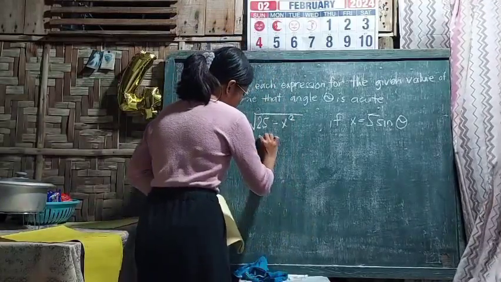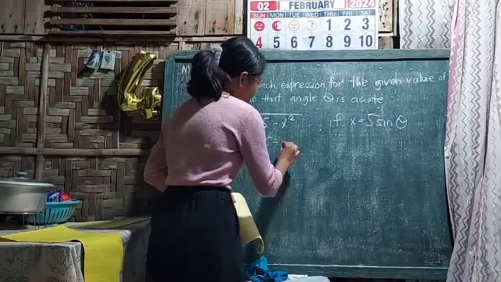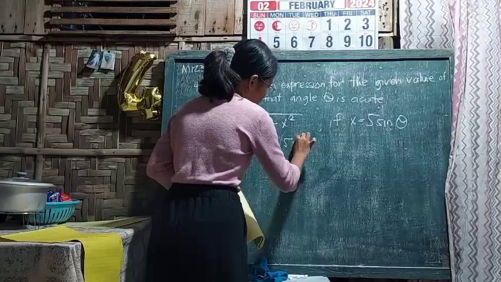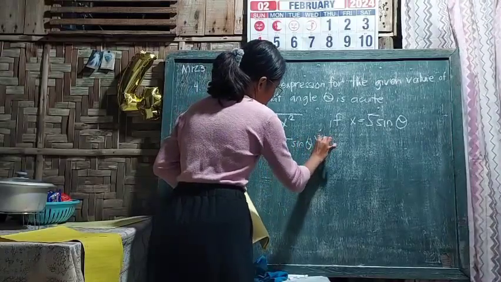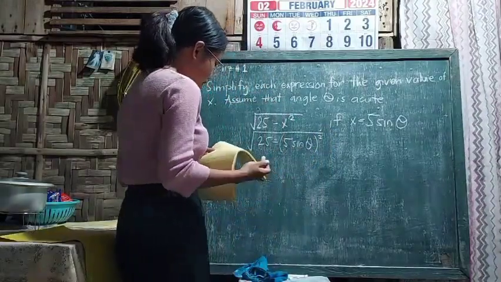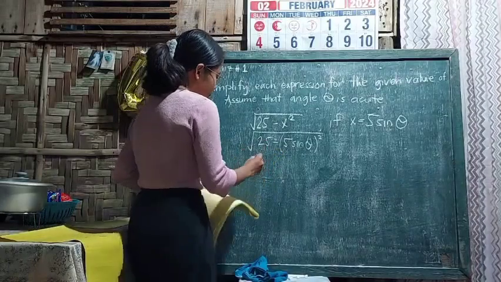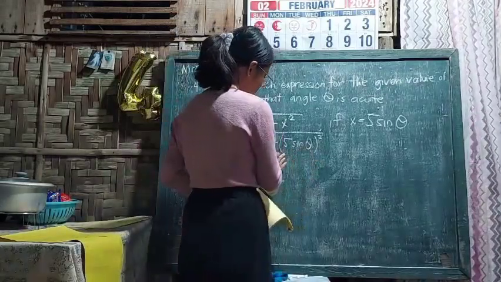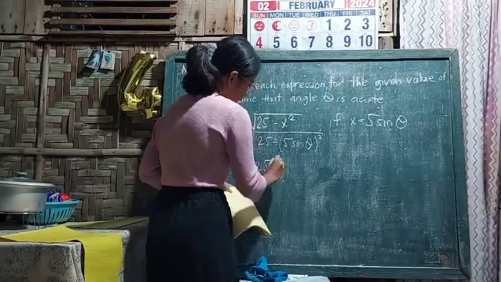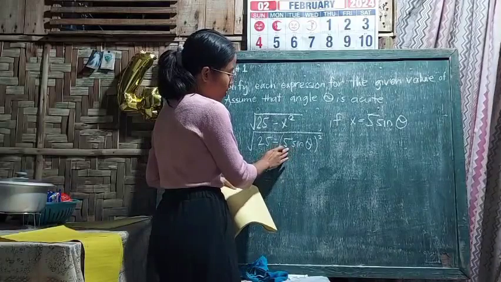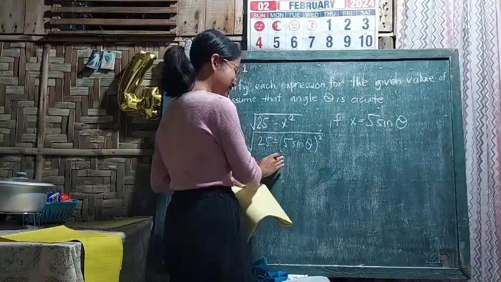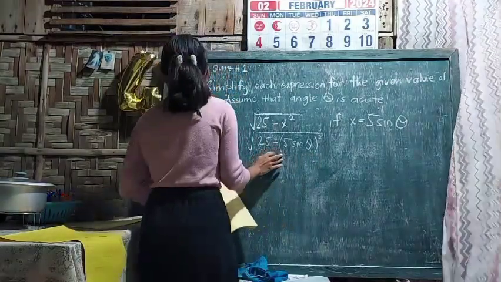So it should become the square root of 25 minus the value of x, which is 5 sine theta squared. Then we are going to square this value.